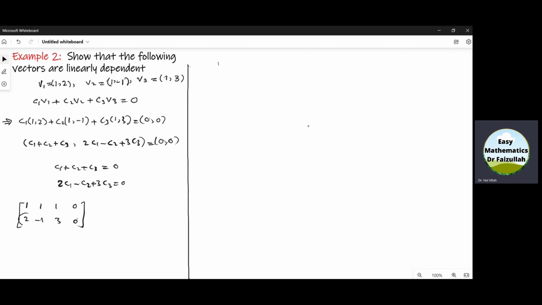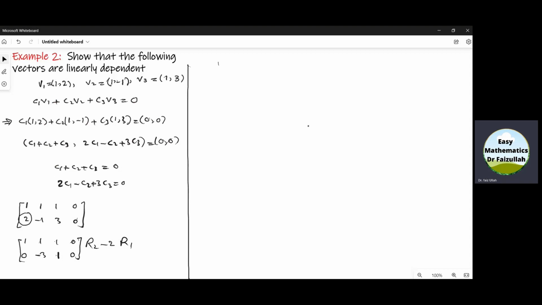Now we need that this number should be 0. So let us apply the row operations. R2 minus 2R1. So we have 1, 1, 1, 0. From here we get 0, here we get minus 3, and here we get 1 and this one is 0.